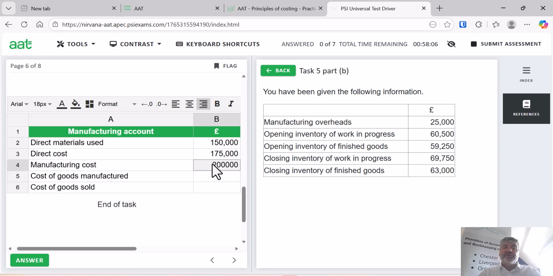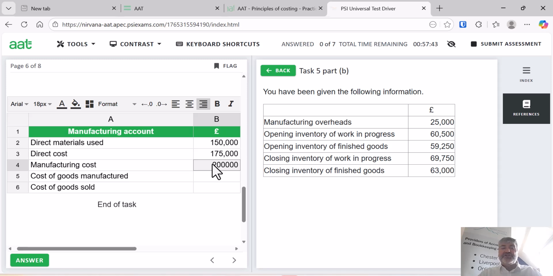So to find the cost of goods manufactured, in other words, the cost associated with all the products that have been completed in the period and issued from the factory to the warehouse waiting to be sold, we need to bring in our opening and closing inventory values for work in progress.